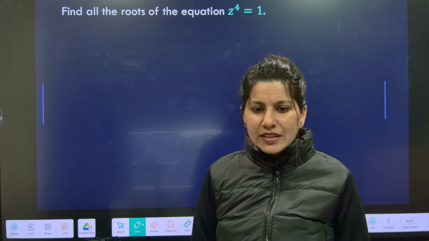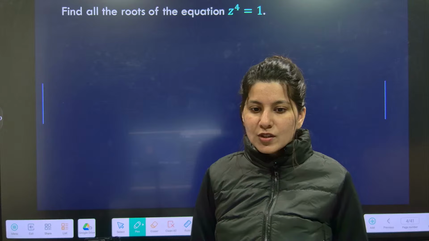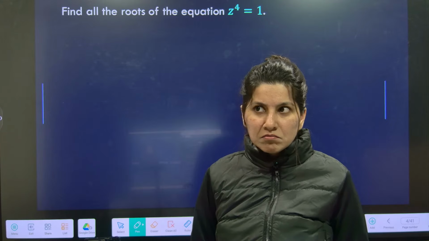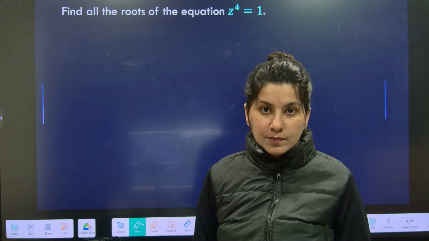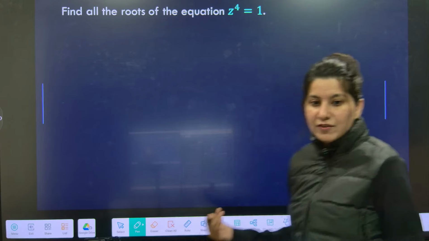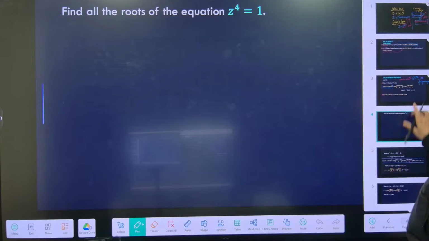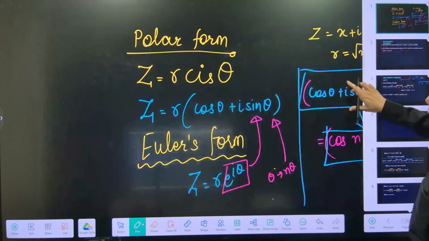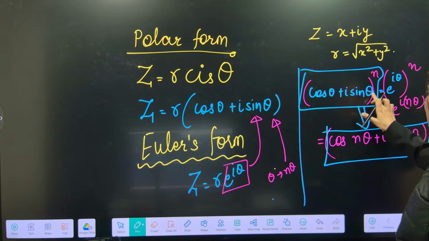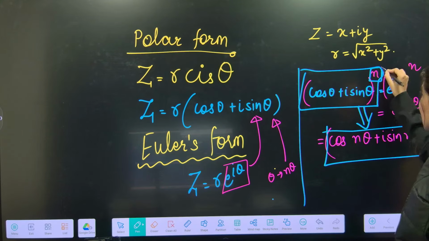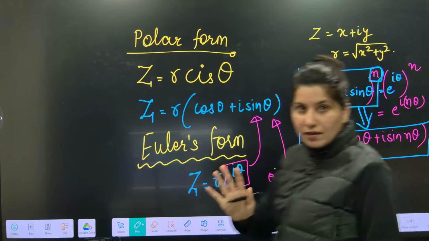Ma'am, for negative integers n, why does de Moivre's theorem still hold? I mean, why do you think it should not hold? I have given you a proof that (cos theta + i sin theta)^n, this n could be anything, absolutely anything.